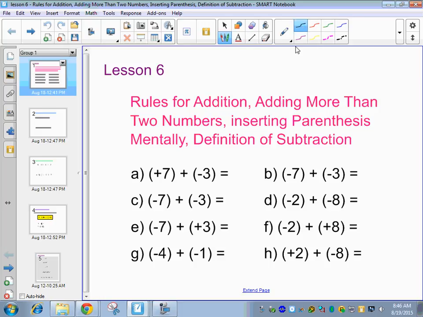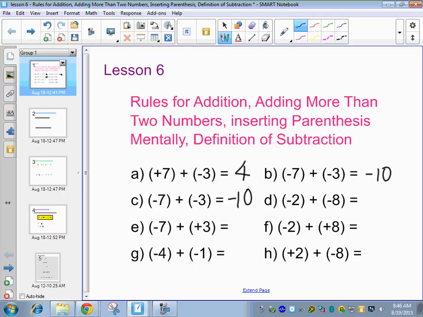So what's 7 plus negative 3? Yep, 4. Okay. How about negative 7 minus 3? Andrew? Yeah, perfect. Negative 7 plus negative 3. That looks like the same problem to me.